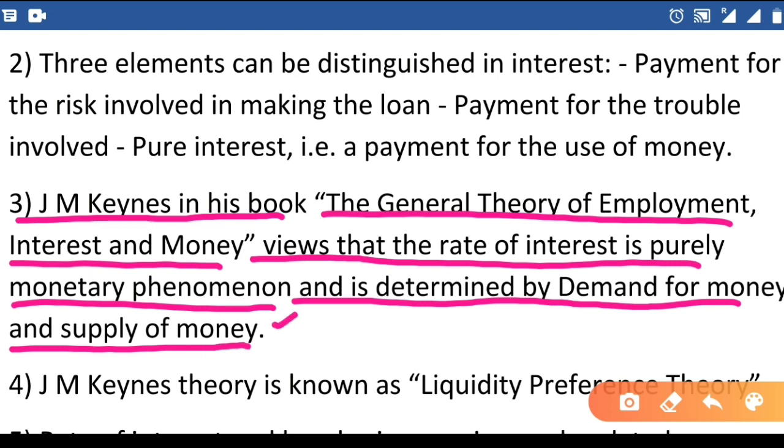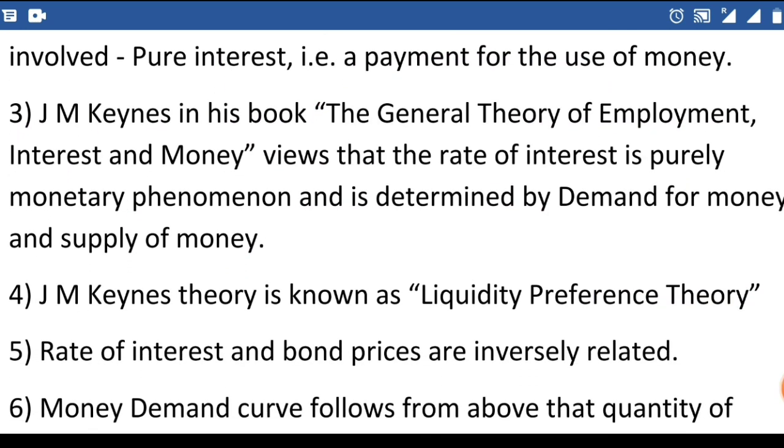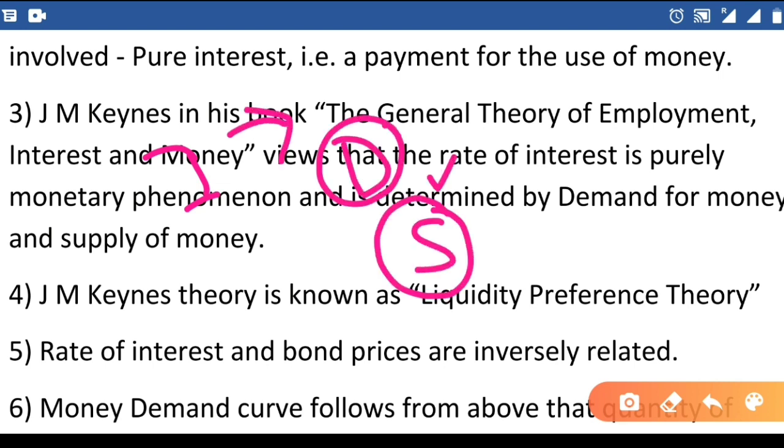Here, J.M. Keynes wrote one book, called The General Theory of Employment, Interest and Money. Here it discussed the interest. This interest mainly depends on demand and supply. If we take the Indian economy, who supplies the money to the Indian economy?